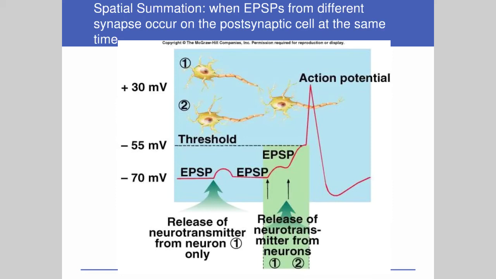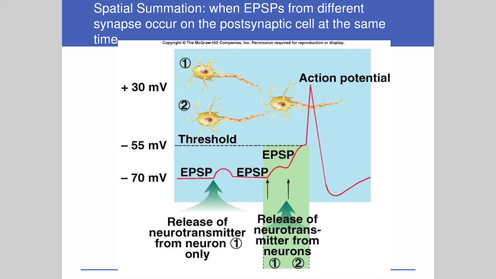That means it released the neurotransmitter. Okay? And that neurotransmitter on the cell body, or the dendrite of that postsynaptic cell, opened. Sodium flowed in, but you can see it only provided that little blip. It only went from -70 to maybe -68. It wasn't very much. And so that's not going to cause an action potential.